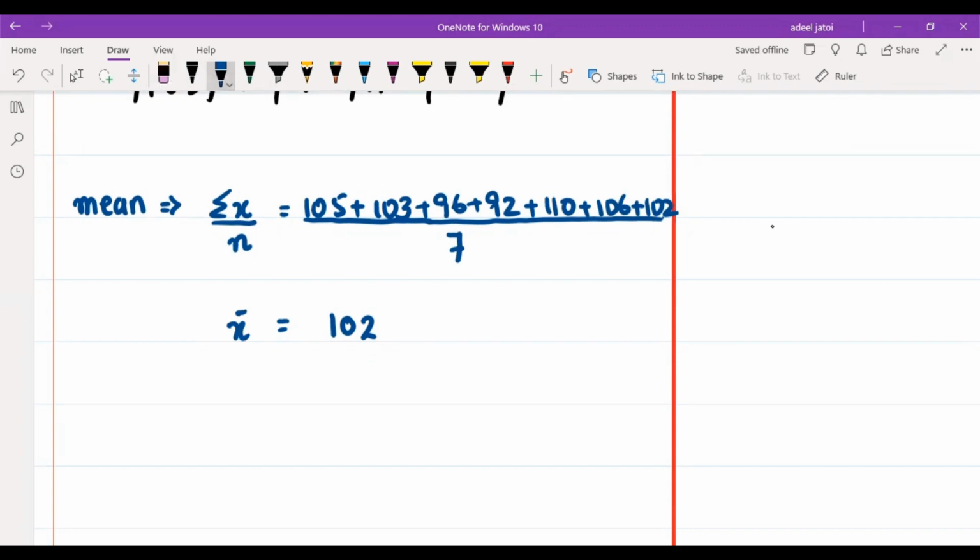Now, if I look at the data, you need to understand that your mean came through summation of x, that means adding up the numbers. The total in the numerator, summation of x, is 714, whereas your n is 7.